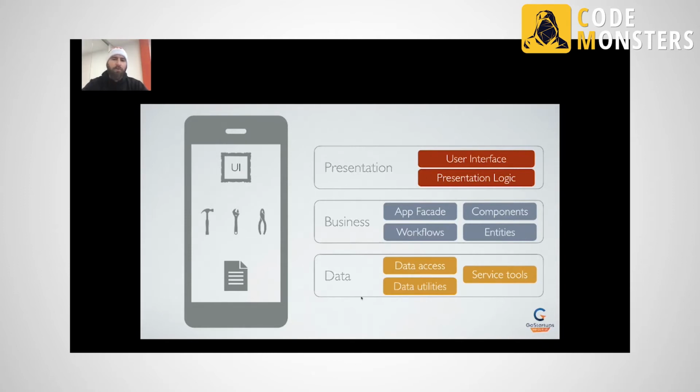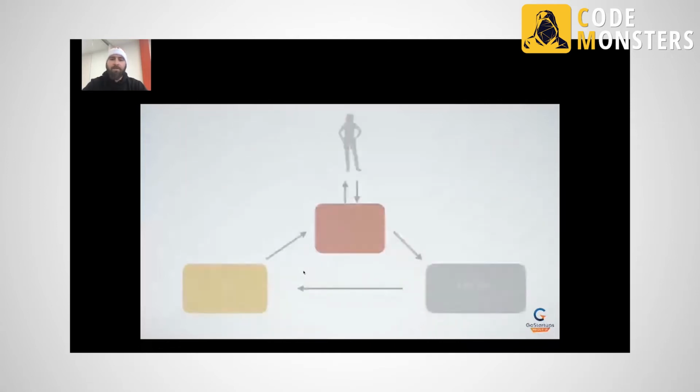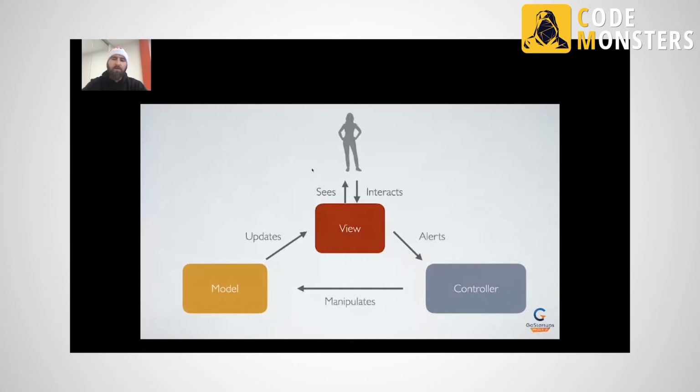I'm also going to call these layers by the way the current application structure in most iOS products is made: the view, the controller, and the model. And here is the way they communicate with each other and with the user. Let's start with the user as the main point.